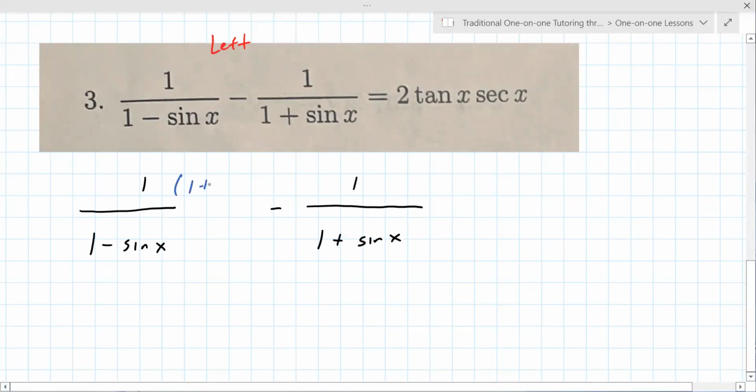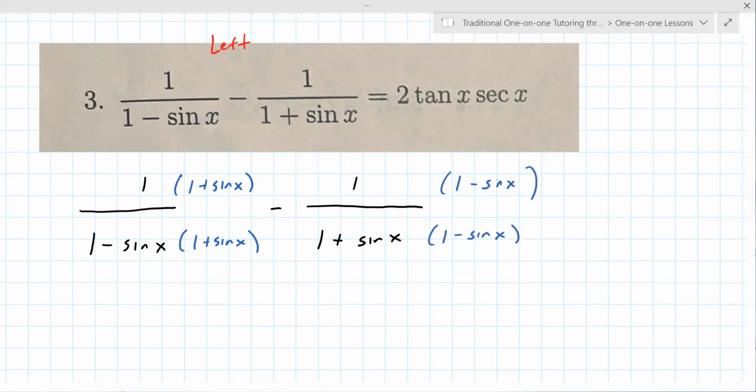You're going to do 1 plus sine x, 1 plus sine x, 1 minus sine x, 1 minus sine x. So like a problem like number 11, or even number 1, 11 is a better example. 11, we'll just do that one next rather than me starting to talk about it.